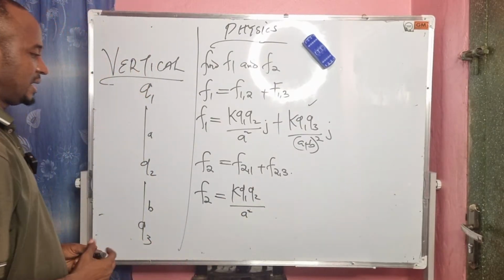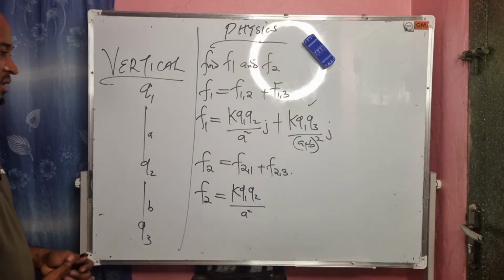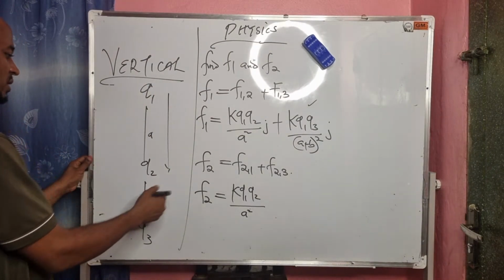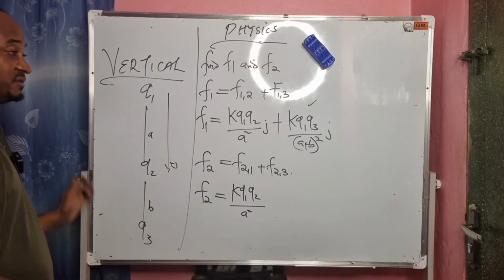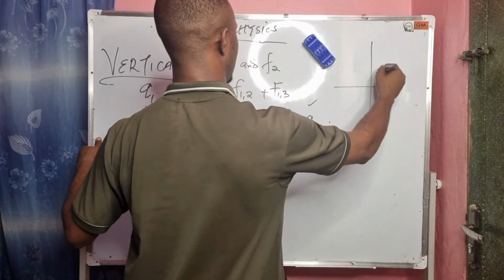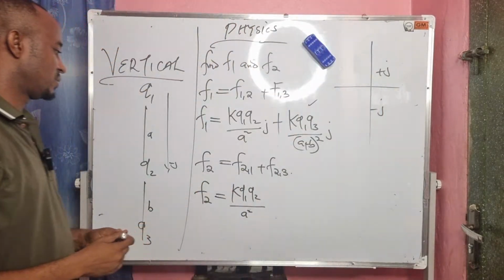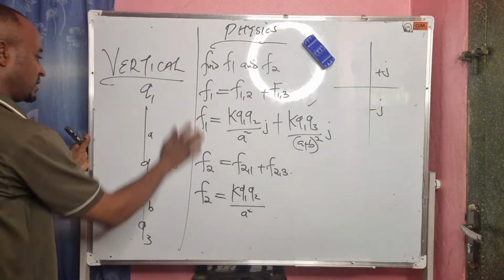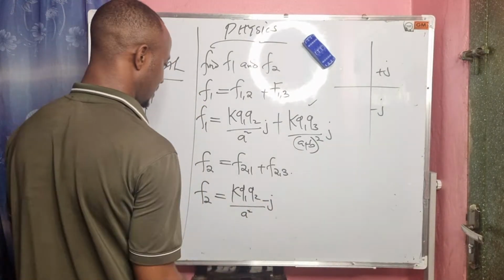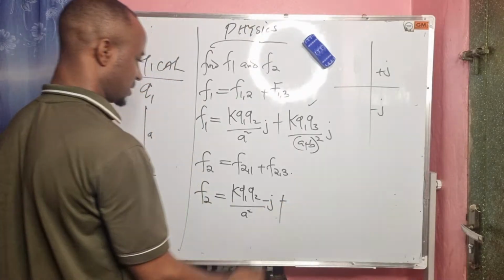Now the next step is to determine the direction of action. This is from 1 to 2, which means we are going downward, which is negative J. In the Cartesian diagram we have negative J and positive J, so we are going towards negative J.